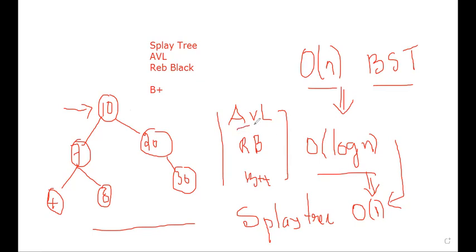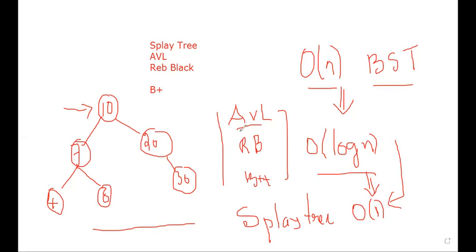Now look at this. The AVL, the red-black tree and the B+ tree are variants of the binary search tree. They differ from the binary search tree in that they place some restrictions.